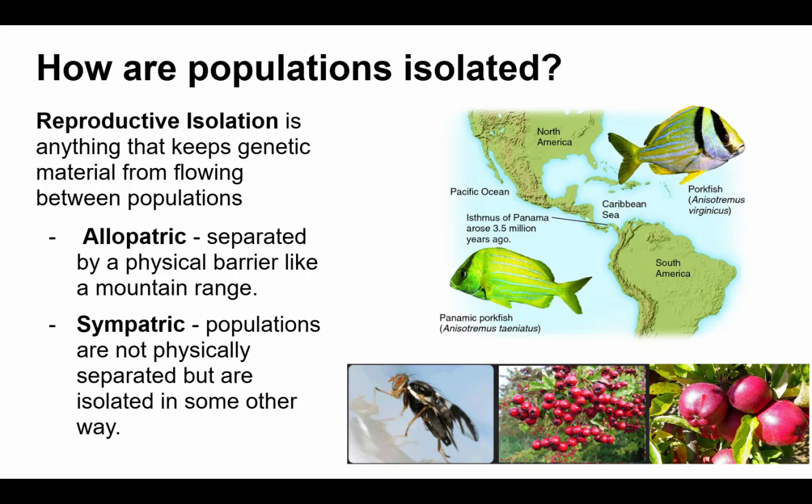So we have a situation where they're all living in the same area. There's nothing physically separating them, but because of how they lay their eggs, we've essentially made two separate populations and two separate species. All right.